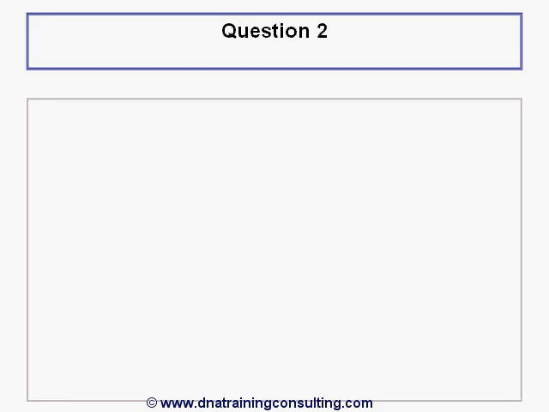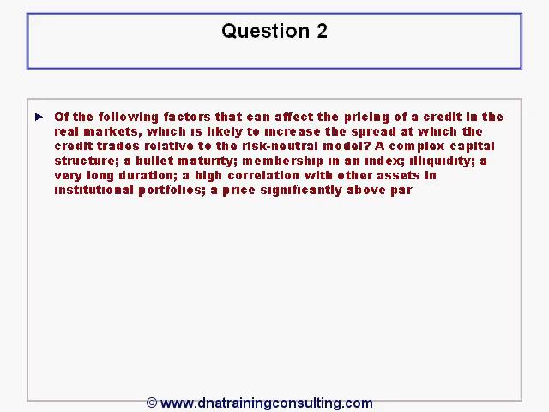Question 2. Of the following factors that can affect the pricing of a credit in the real markets, which is likely to increase the spread at which the credit trades relative to the risk-neutral model?